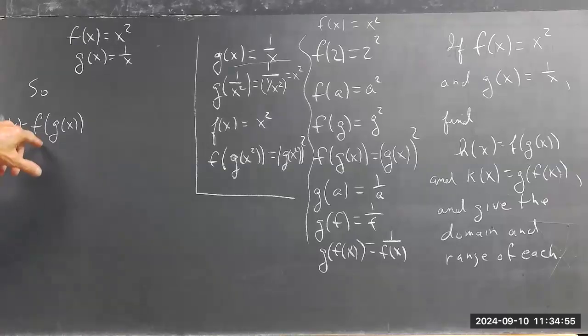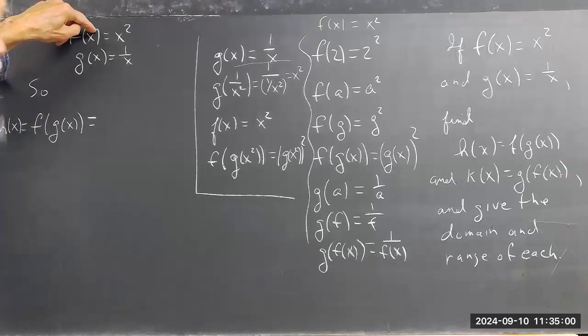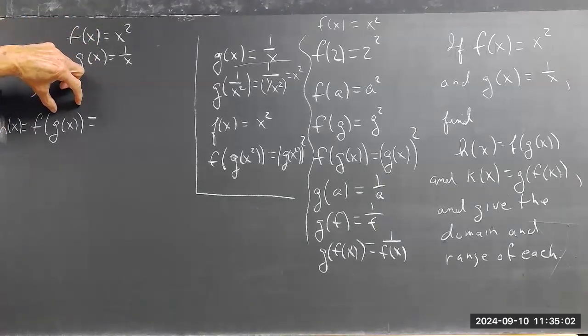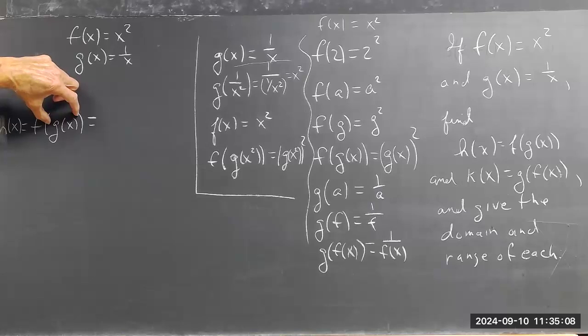Okay. f of g of x is what? Well, what has replaced x? g of x. x hasn't been replaced by x. x hasn't been replaced by g. x has been replaced by the whole g of x.